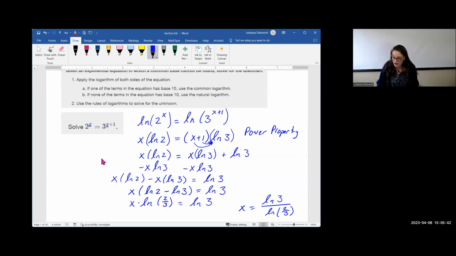This gives us our value, but we can take our calculator and enter it in here to find what this is equal to approximately. So we would enter parentheses around the natural log of 3, and then divide by parentheses around the natural log of 2/3, and I would put parentheses for sure around the 2/3 as well.